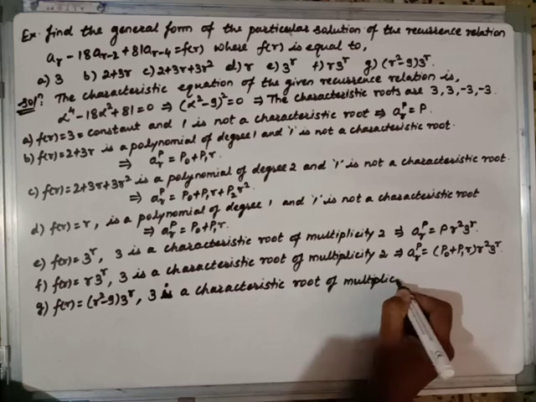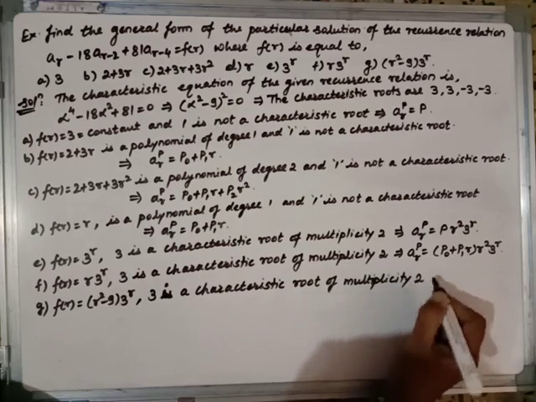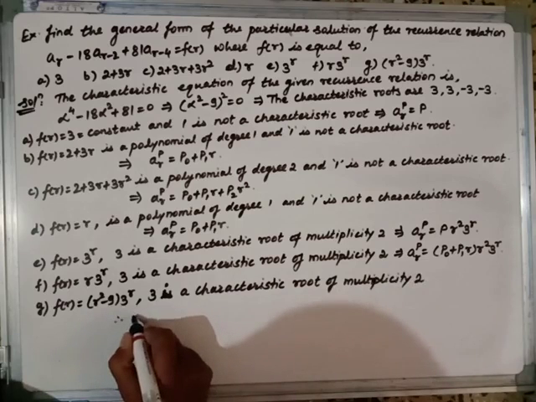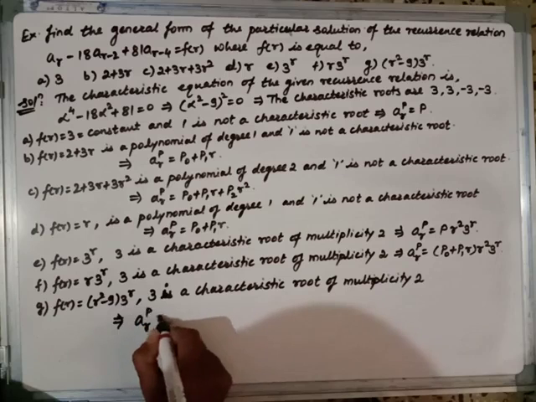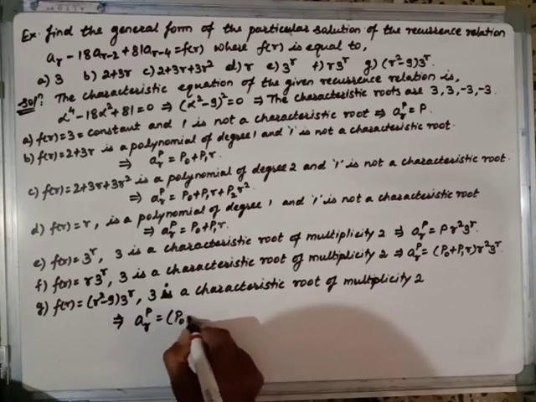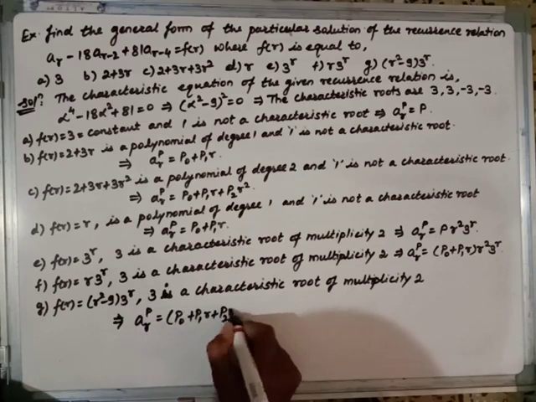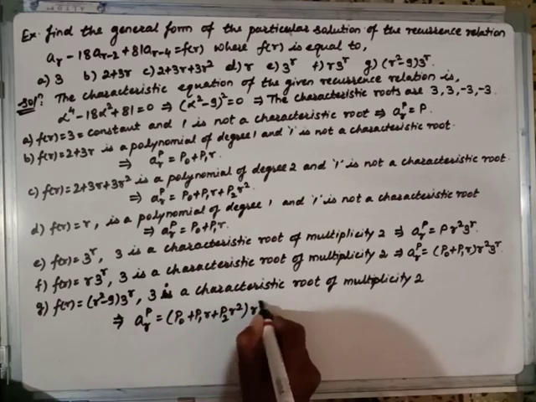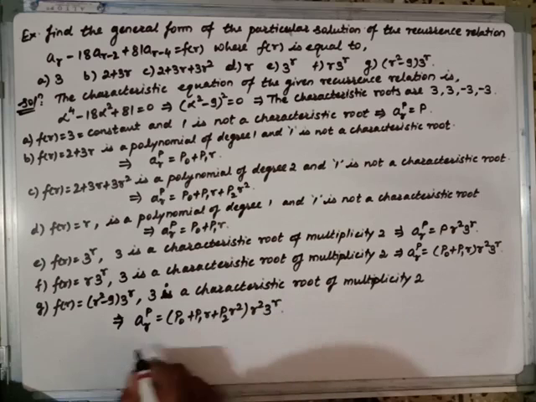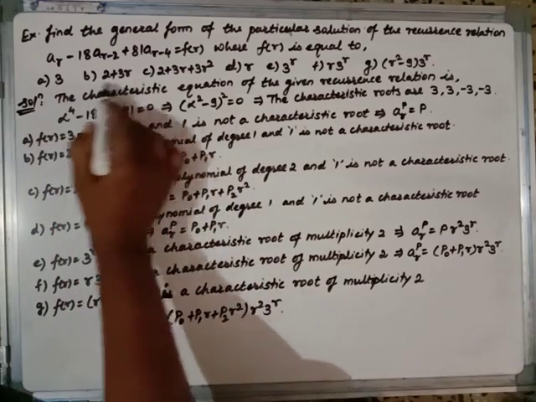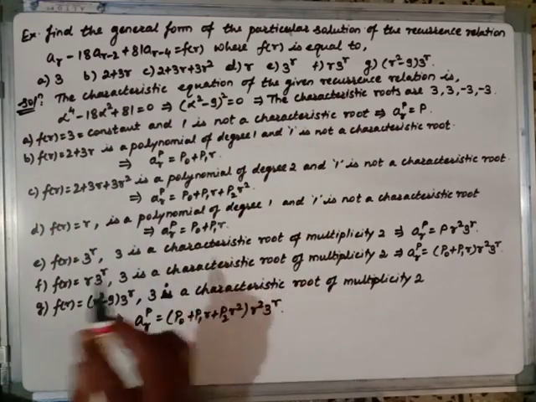Therefore, again by rule 8, here also the particular solution will be P0 plus P1 r plus P2 r square, into r square 3 raised to r. As such, we can write the general form of particular solution for the various f of r.